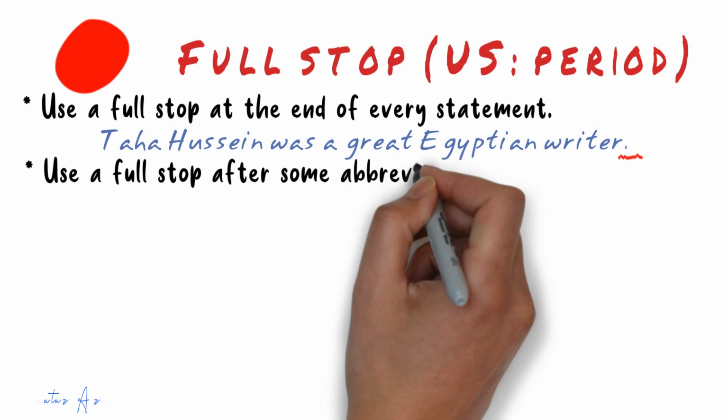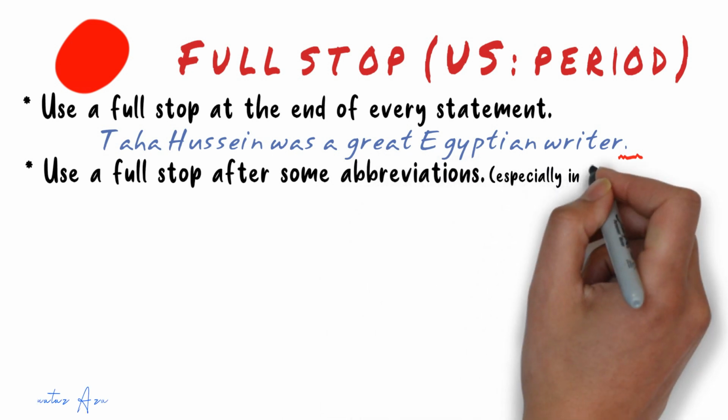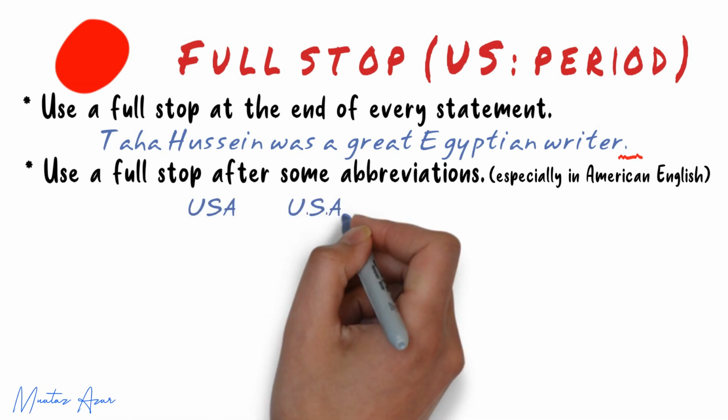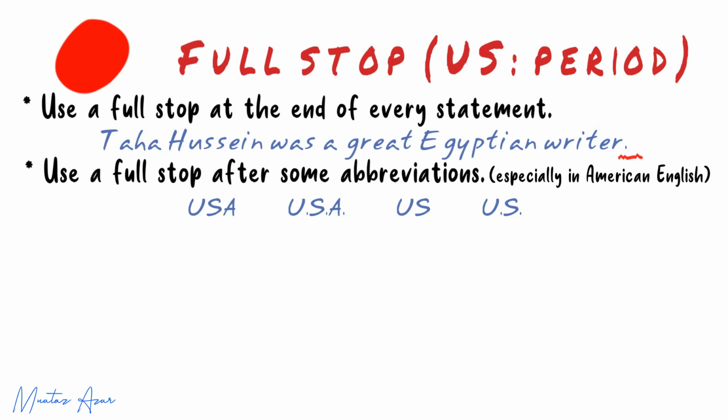Use a period after some abbreviations, especially in American English. All these are correct ways of writing abbreviations for the United States of America.